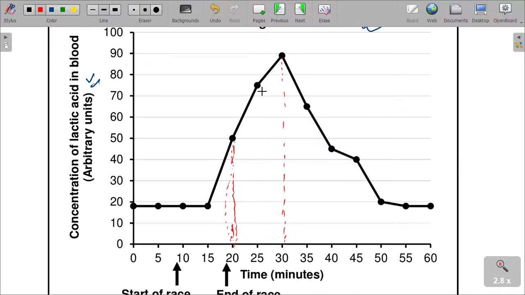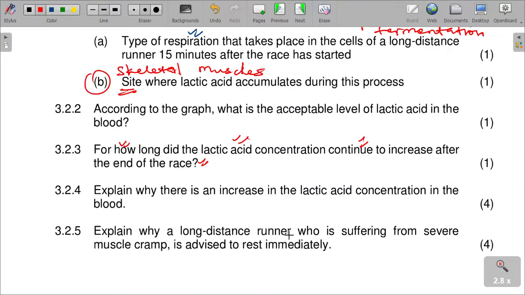Let me just try to see. So which is maybe 15, maybe 13 minutes. It can be 13 minutes.